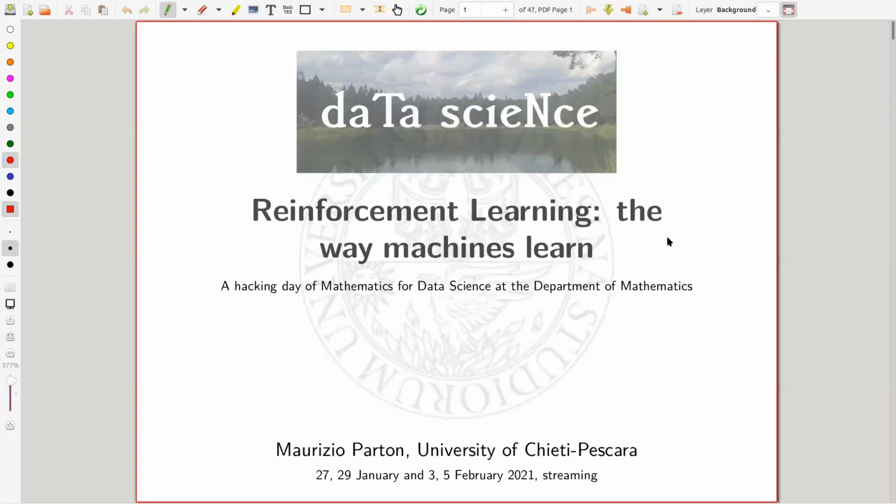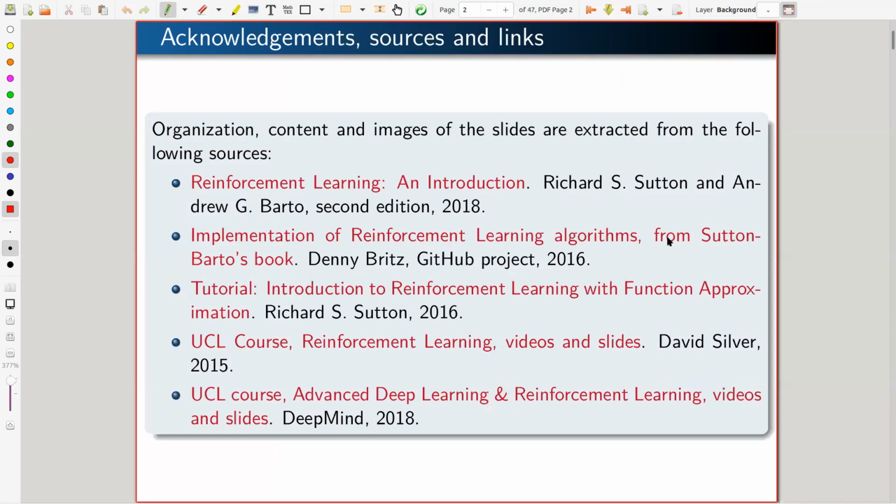Okay. So welcome everybody. This is lecture 2 of this crash course on reinforcement learning. I know we have at least 2 new people today, so this slide is a suggestion of some reading that you can do in order to delve deeper into this topic.